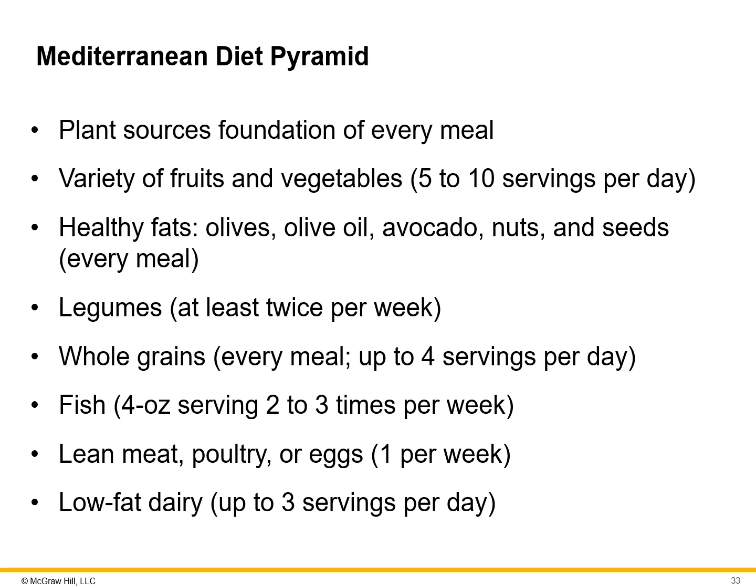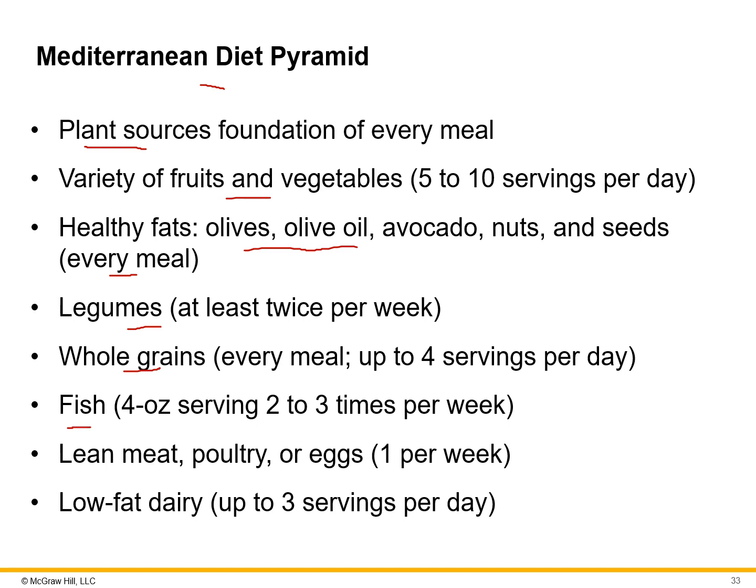Now the Mediterranean diet, that pyramid looks a little bit different. This is mainly using plant sources as the foundation for every meal. So lots of variety in the fruits and vegetables, using healthy fats like olives, olive oil, avocados, nuts, and seeds. Again, this is with every meal. Eating legumes at least twice a week, whole grains in every meal, up to about 4 servings a day.